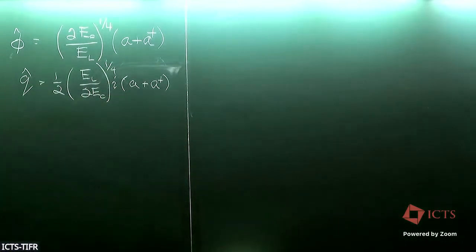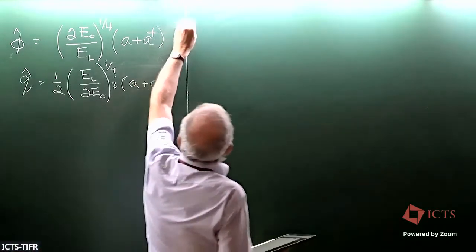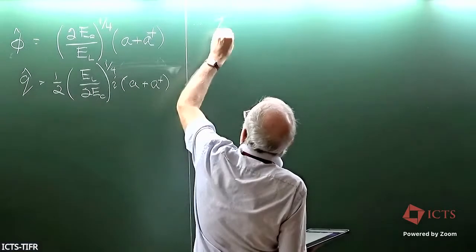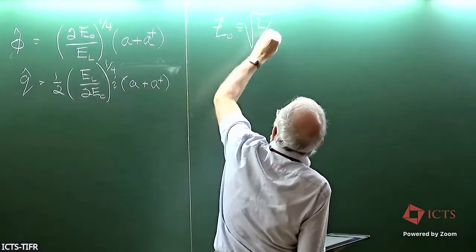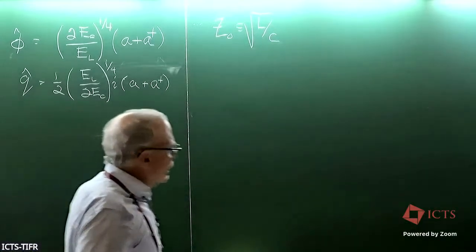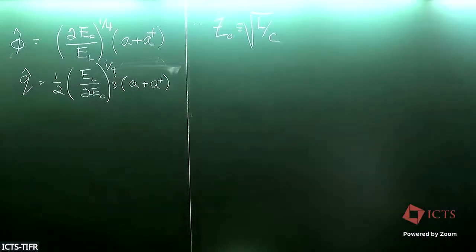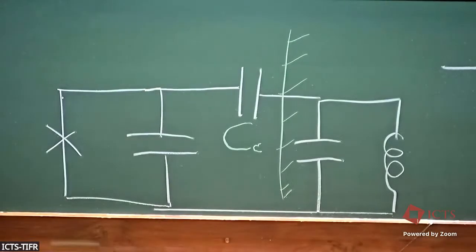Okay, there are a variety of other ways of writing this. Some revealing ones are in terms of the characteristic impedance of this LC circuit. I was teasing you a little bit last time about knowing the meaning of this: impedance has nothing to do with resistance, of course, but it is a quantity with units of impedance.